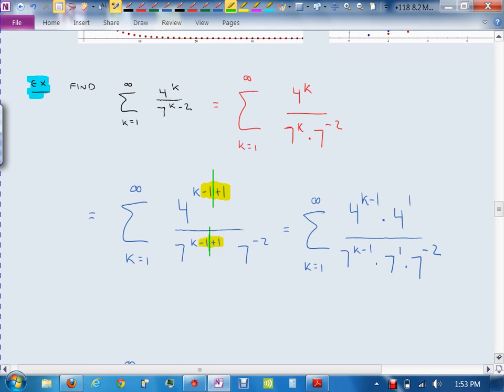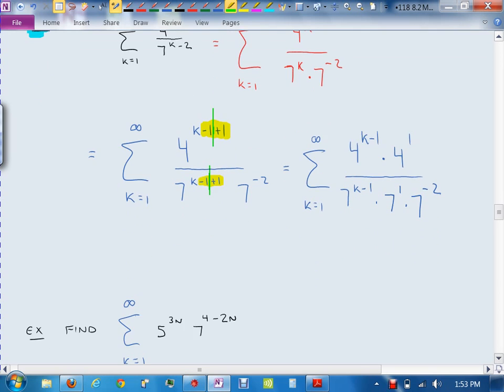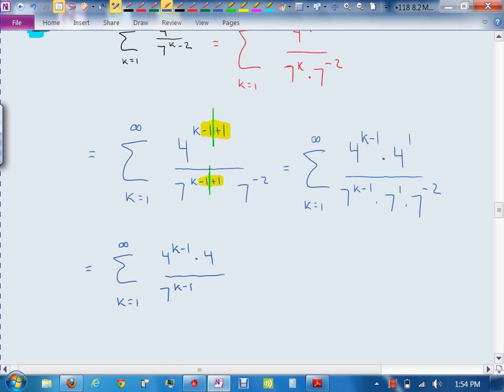So here's where I am now. Equals summation k equals 1 to infinity of, well, how do we want to do this? 4 to the k minus 1 times 4 over 7 to the k minus 1 times 7 to the negative 1.